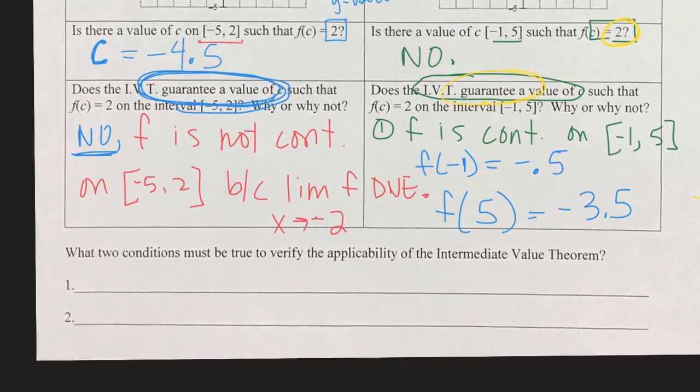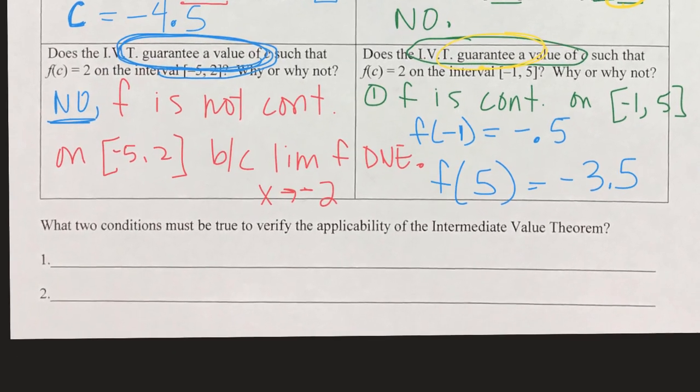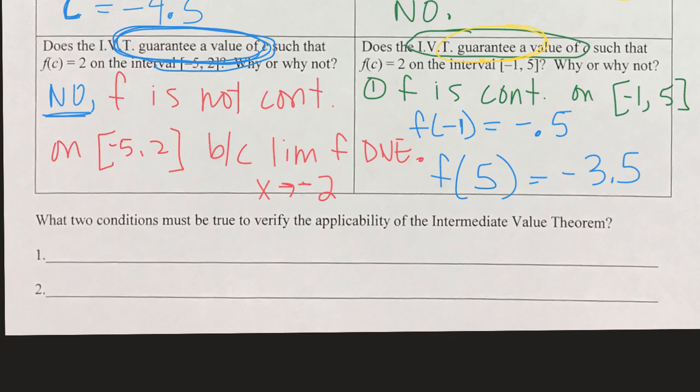So let's see. What 2 conditions must be true to verify the applicability? Number 1, your function must be continuous on your closed interval. That has to be first. If it's not continuous, then we can have gaps and all kinds of other things. The IVT does not guarantee a y value.